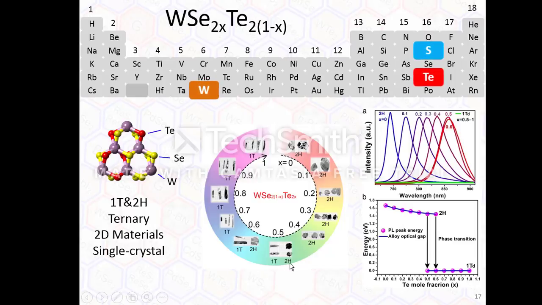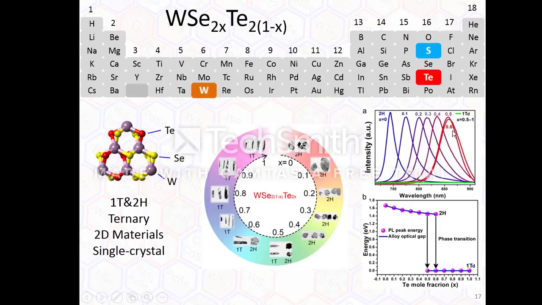If the concentration of tellurium is below 50%, all the single crystals are hexagon shaped. But if it's above 50%, it becomes something like a ribbon, because below 50%, they're all 2H phase, and above 50%, there'll be 1T phase. This is the reason why it got different shapes.